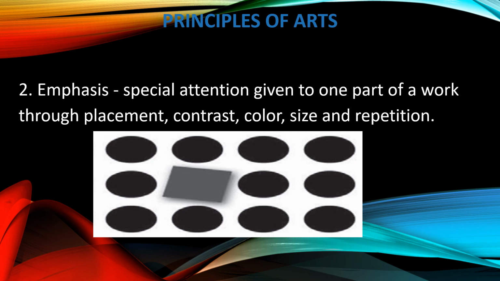Pangalawa, emphasis. It is a special attention given to one part of a work through placement, contrast, color, size, and repetition. Ibig sabihin, kung sa isang obra ay may emphasis, maaaring ito yung naiiba sa lahat o di naman kaya ay ang ipinapakita ng larawan o nais ipakita ng larawan katulad ng halimbawa.